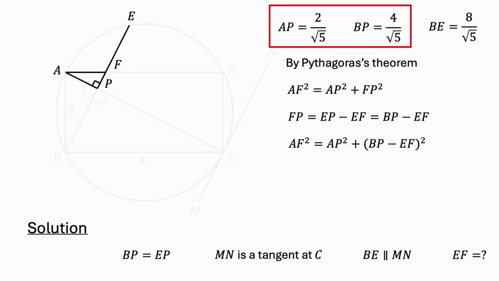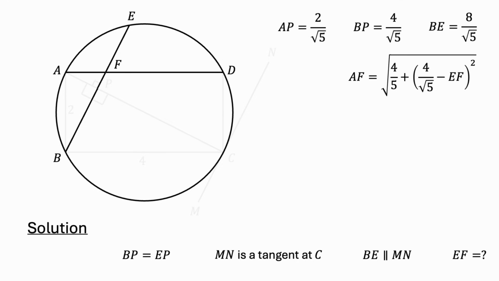Substituting AP equals 2 over square root 5 and BP equals 4 over square root 5, we obtain AF square equals 4 over 5 plus (4 over square root 5 minus EF) whole square. Or after taking the square root, AF equals square root of 4 over 5 plus (4 over square root 5 minus EF) whole square.